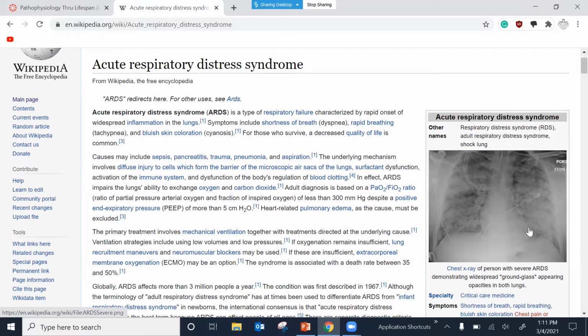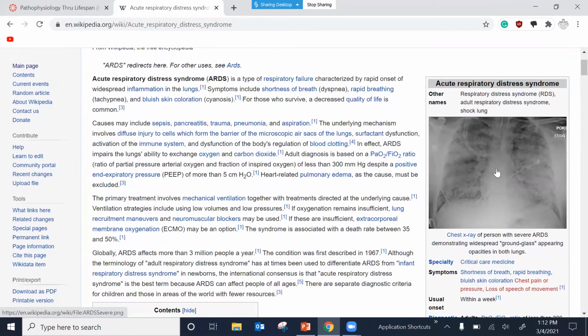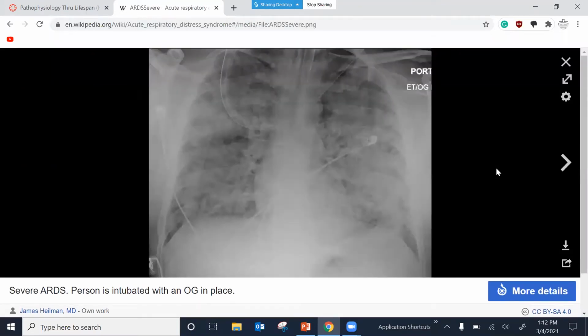If you're in the radiology tech program here at the college, Rad Tech, they also don't read chest x-rays, but they do have to learn how to take chest x-rays. And they get pretty good at identifying it because they do it all day. According to Wikipedia, this chest x-ray demonstrates widespread ground glass appearing opacities in both lungs.